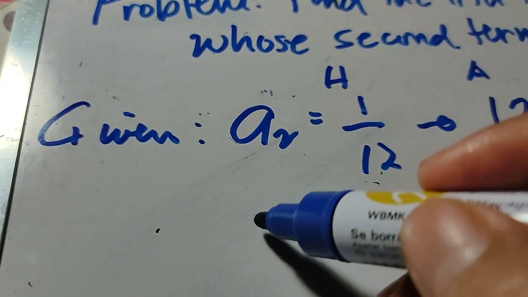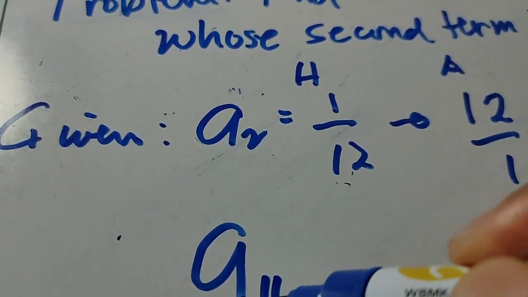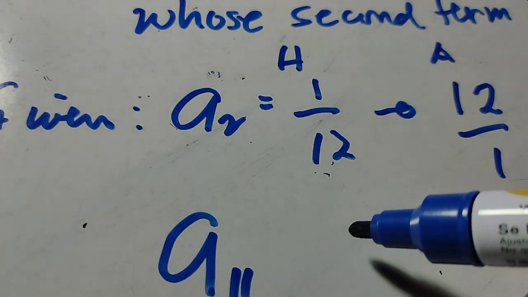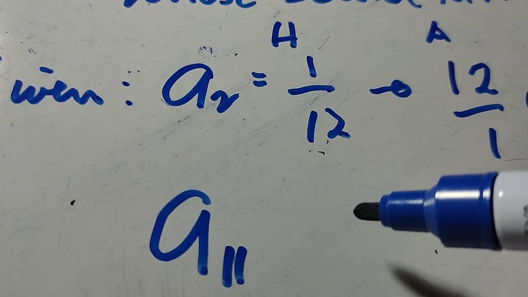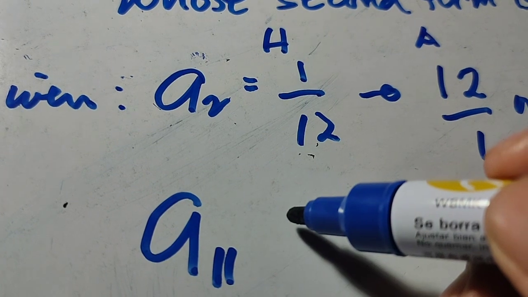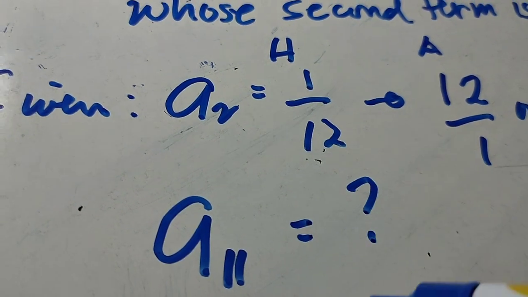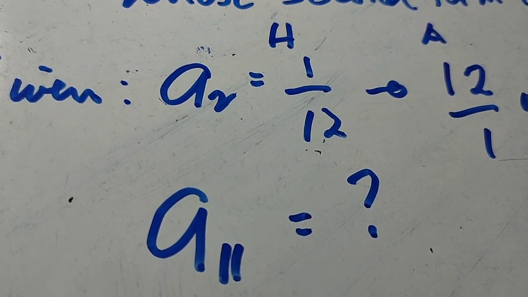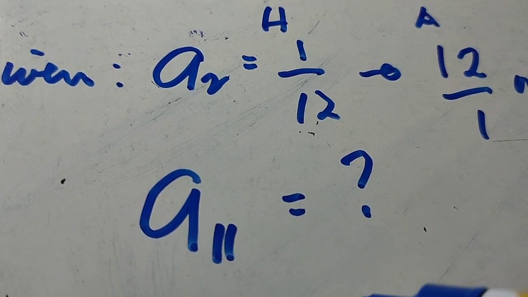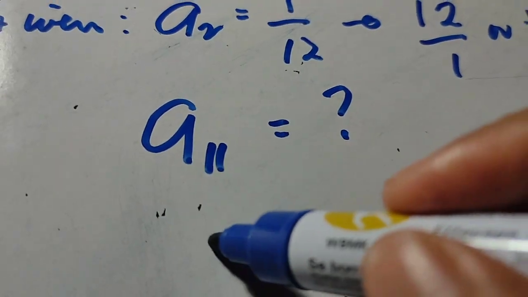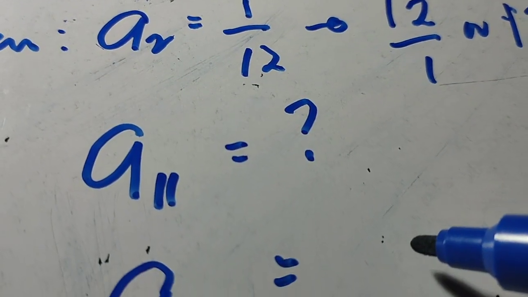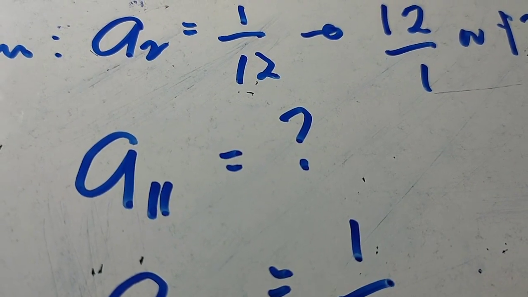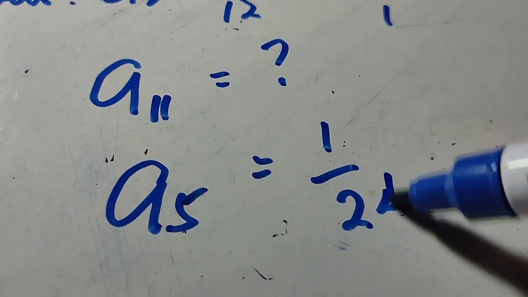Now, our a sub 11, that is equal to the unknown. No? This is our unknown. And our fifth term, a sub 5, is given, which is 1 over 24.